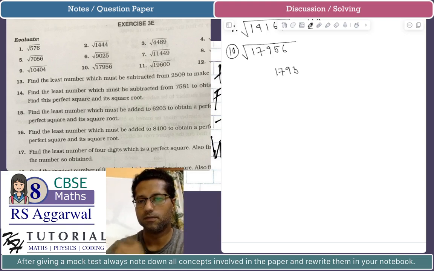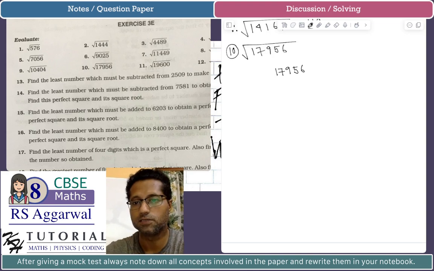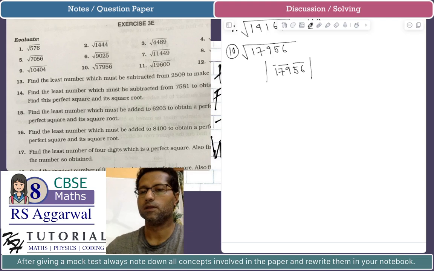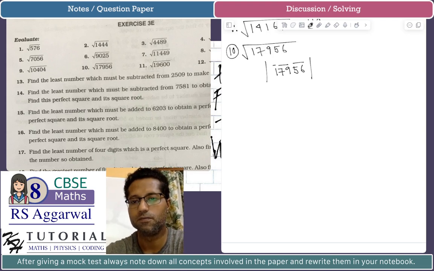We create periods of 2 digits from the right-hand side, and the periods are 56, 95, and 17. The current dividend is the leftmost period. So obviously the divisor will be 1 and the quotient will be 1. 1 multiplied by 1 is 1, and we subtract it from the leftmost period.